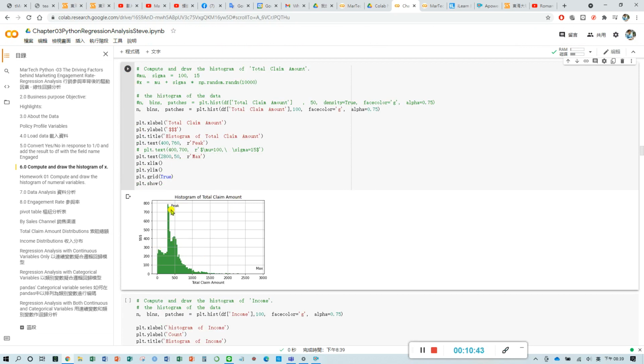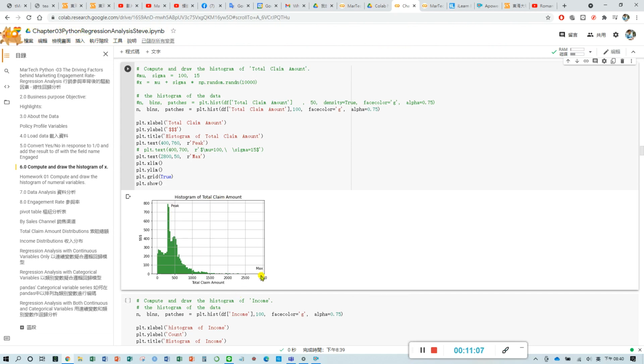From this diagram, the peak, the 峰值, is here. It's almost $300 for the total claim amount each time. 当你汽车出险的时候, the average is maybe around $300.